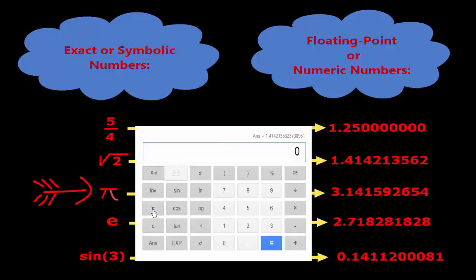For exact number, such as pi, by rounding off or approximating, we can get the numeric number 3.14159264.